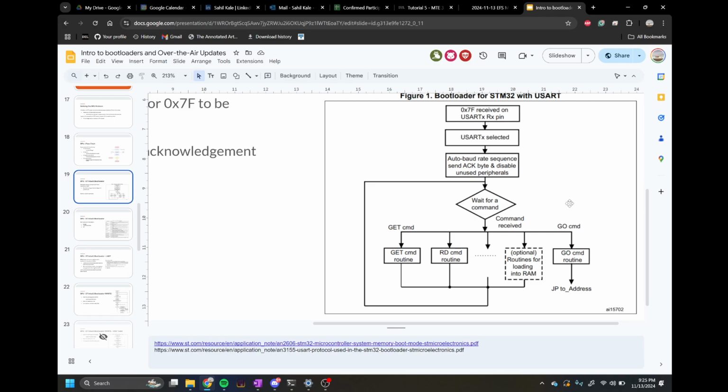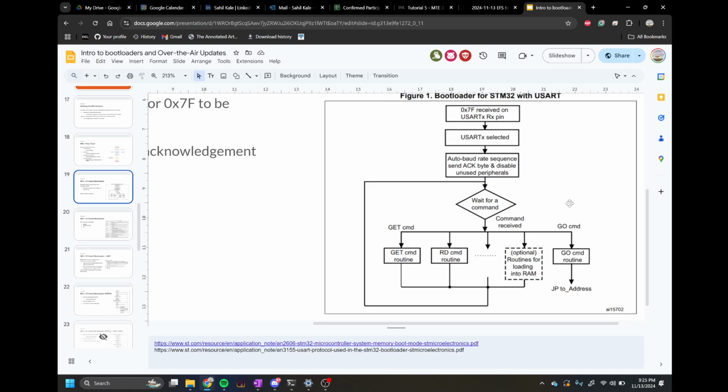Yep. I think one time I read an STM datasheet, there's a dedicated boot pin. Is that exactly the same one that you're referring to? Yeah, so the question is, on a few microcontrollers, there's usually a dedicated boot pin. Oftentimes with this boot pin or boot pins, it lets you pick where you want to boot from.